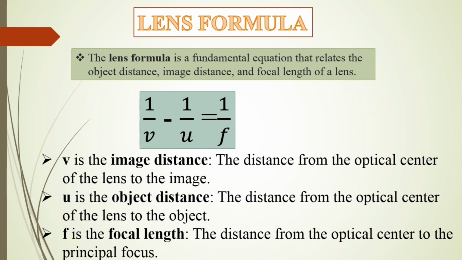Remember, u is the distance of the object from the lens, and v is the distance of the image. The f is the focal length. You can use this formula to find any of these values as long as you know the other two. Just be careful to use the correct signs.